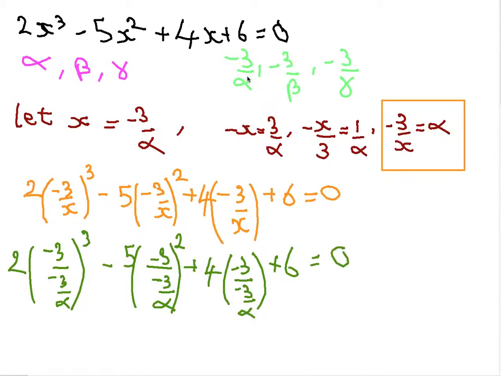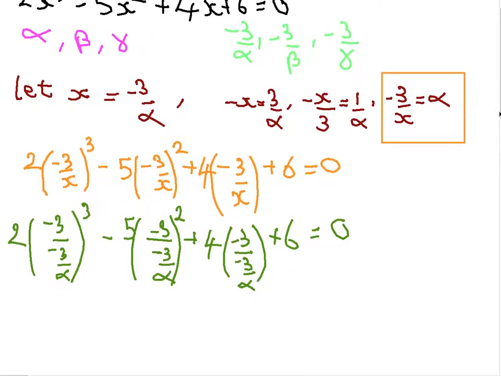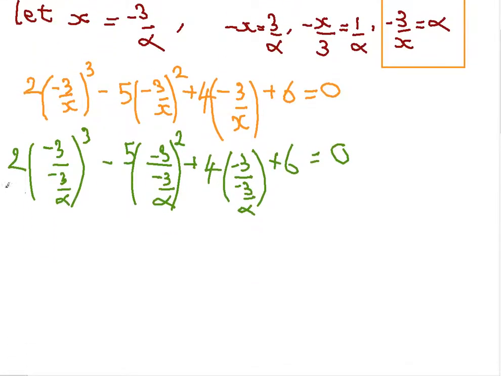Well, if we look at that, we'd get minus 3 over minus 3. These are going to cancel out, and you get 2 alpha cubed minus 5 alpha squared plus 4 alpha plus 6 equals 0.